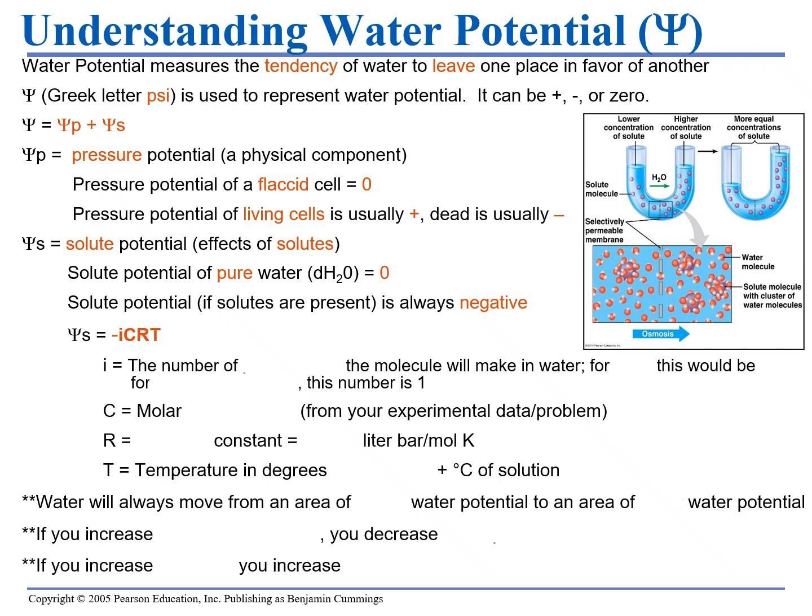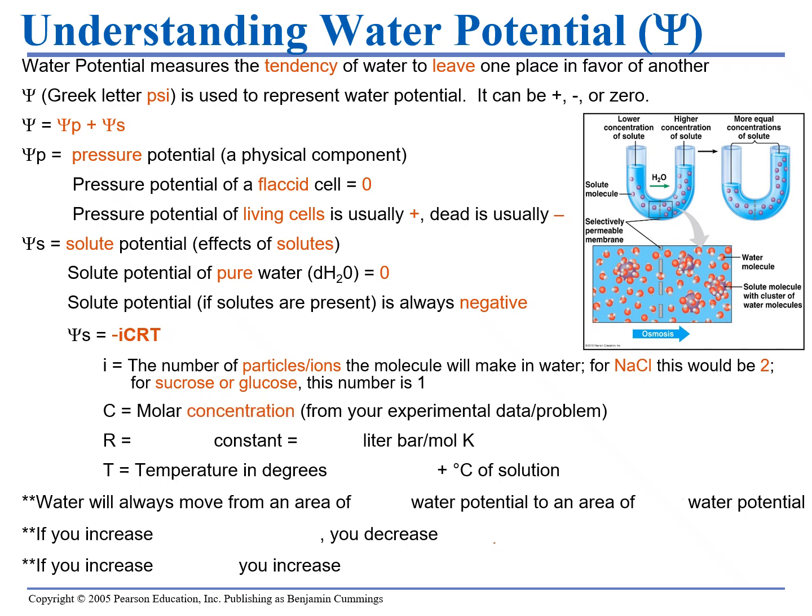The i is the number of particles or ions that the molecule will make in water. For example, salts would have 2, whereas sucrose or glucose would have 1. Usually in the question they will specify, oh, this is salt, or this is glucose, or whatever molecule it is, if you need to calculate solute potential.